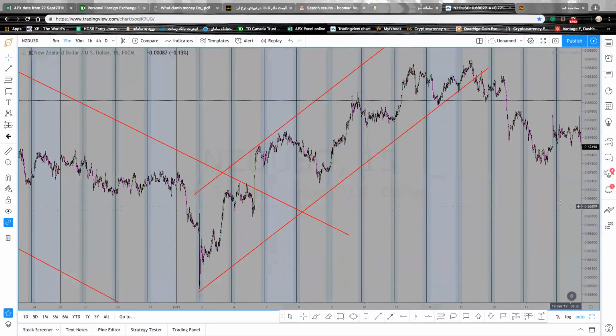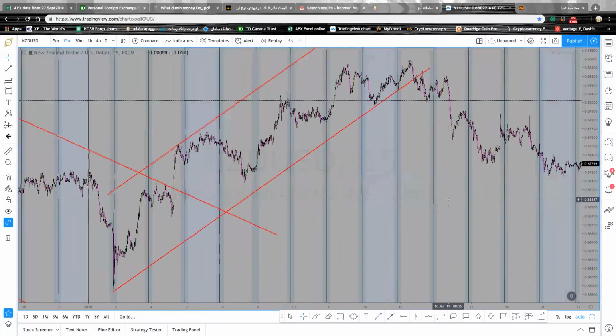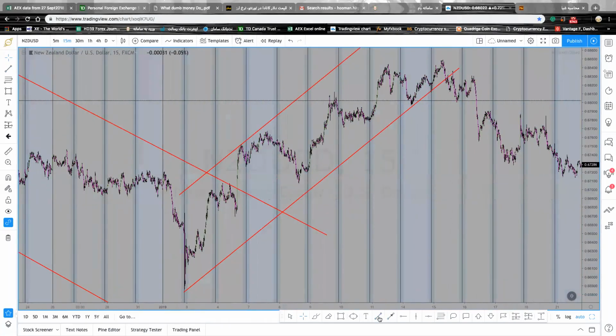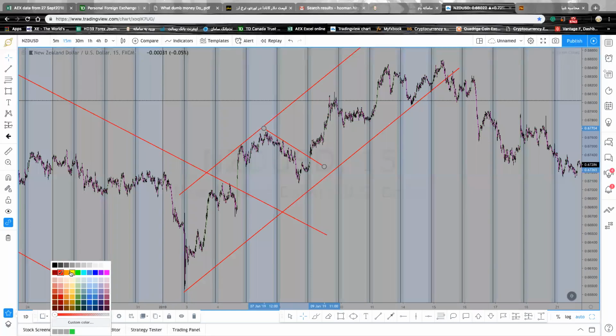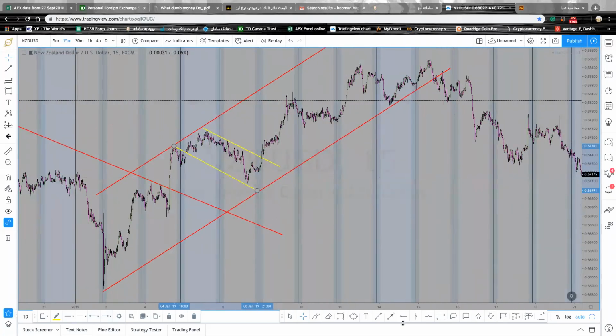When you don't need to draw for your eyes to see, that's when you can come and tell me, hey, I'm ready for lesson 2. I can just scroll my chart to the left and right and see the patterns without even drawing them. By the way, if I was looking at a mountain, I'd see a pump and dump pattern. That's when you're ready for lesson 2, when you see it without drawing it.